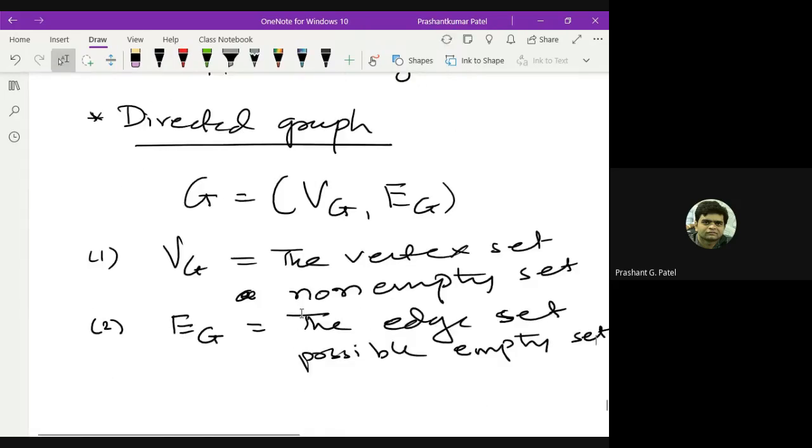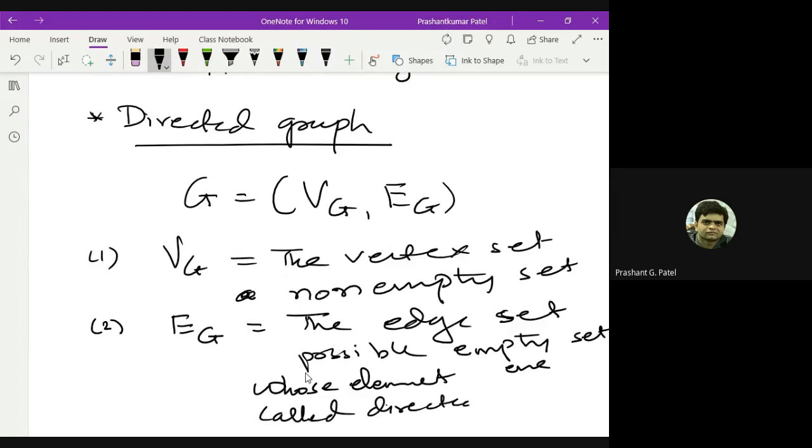Now in the definition of a graph, we used the word unordered pair. Here it is an ordered pair. That means the direction is important. So its elements are called directed edges.